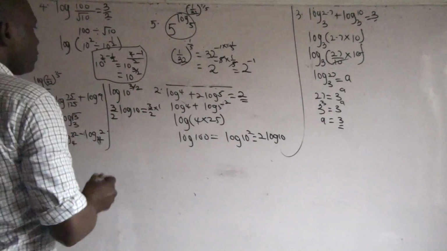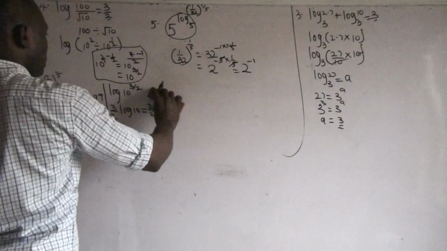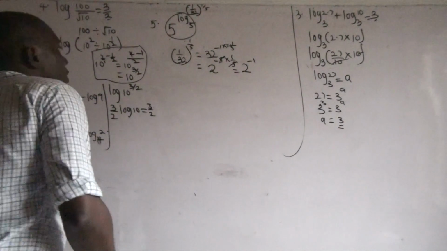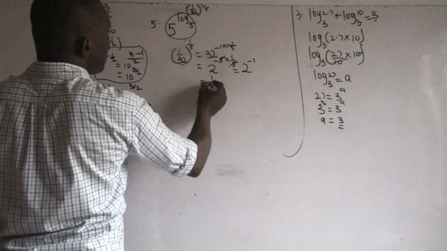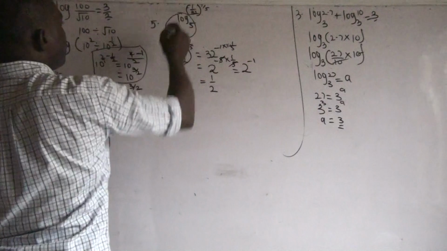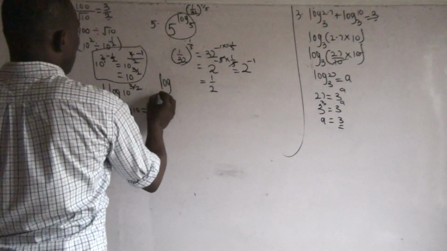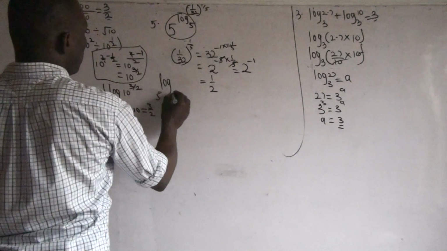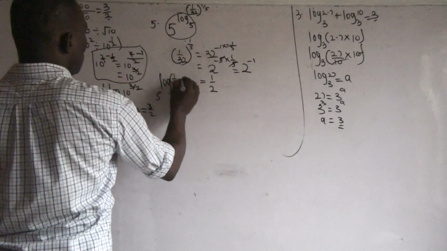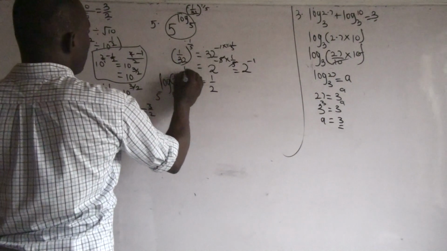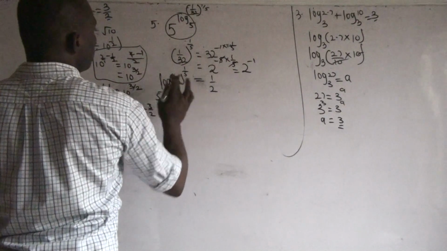So here our result becomes 2 raised to power minus 1, which is the same thing as 1 over 2. The whole of this logarithm, log of 5 raised to power log base 5, 1 over 32 raised to power 1 over 5 is equal to 1 over 2.